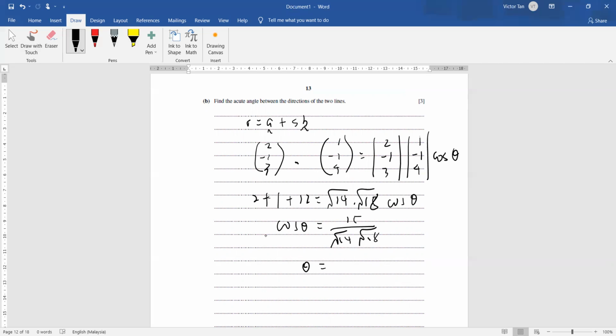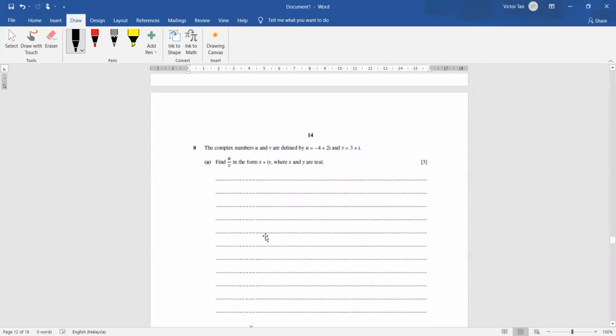Okay, so it's 19.1 degrees. It's the acute angle. 19.1 degrees. So there you have it.